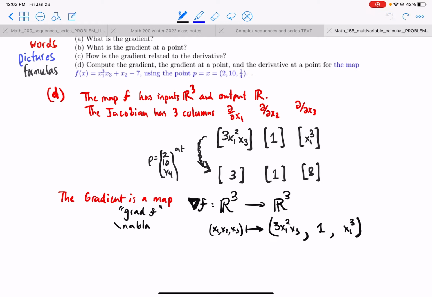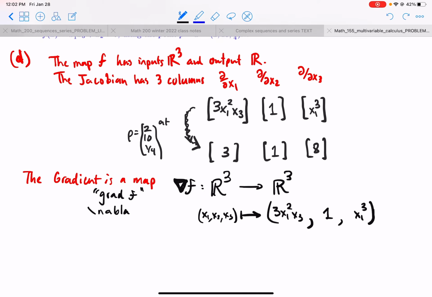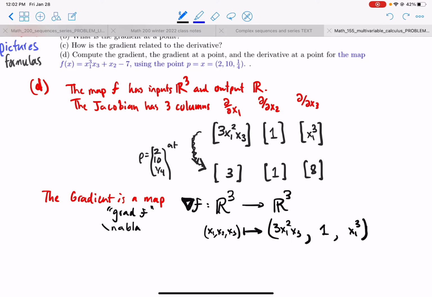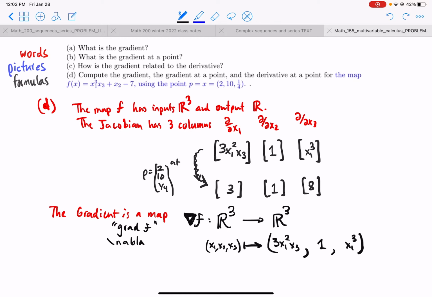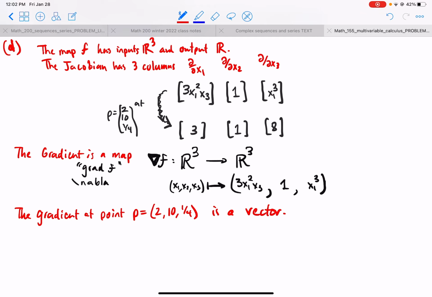And so here's that 1 row. And this is a map. It has 3 inputs and 3 outputs. Okay, we just arrange them. Turns out this is incredibly important, and it's called the gradient. The gradient at a point. What about the gradient at a point? So it's a vector.